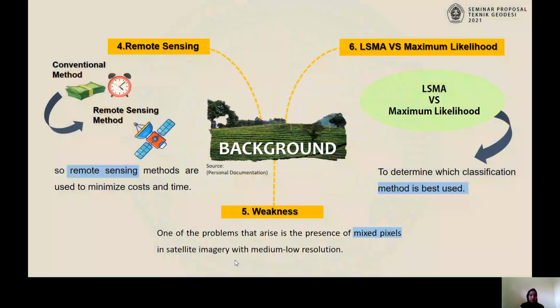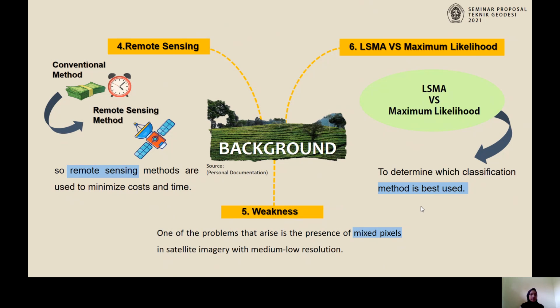Why is tea plant production estimation important? Tea plant production estimates serve to estimate the amount of tea crop production and can assist plantation managers to determine estimates of financing, income, and marketing. Production estimation carried out conventionally requires a lot of time and money, so remote sensing methods are used to minimize cost and time.